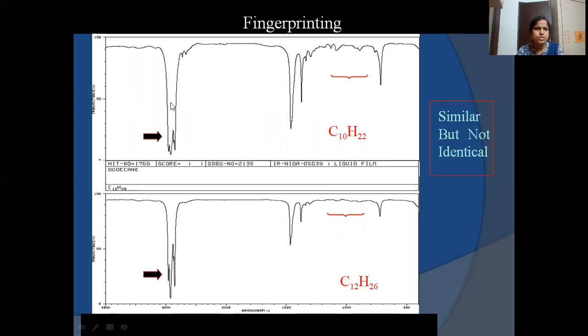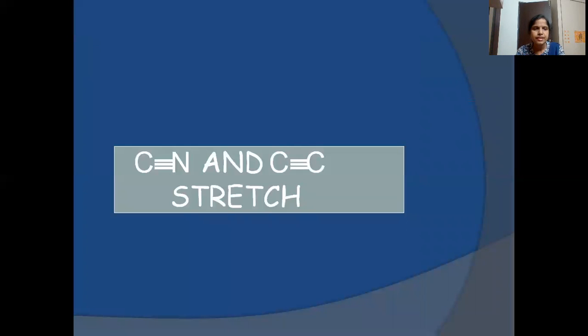You can see almost the same frequencies for the functional group bands, but there will be a difference only in the fingerprint region. By this we can easily find out the exact bonds which are present in the sample.